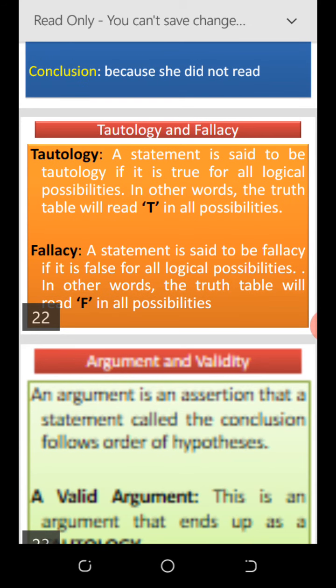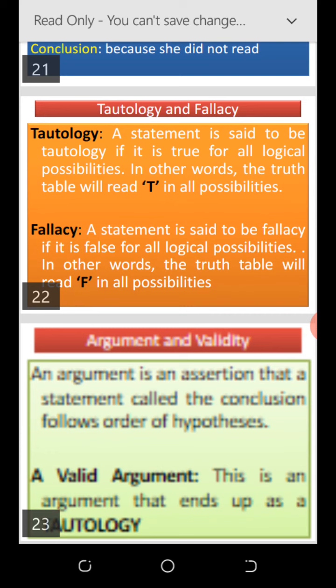Then in another sense, you have another one called tautology and fallacy. Tautology is a statement that is used to represent truth value in all possibilities.